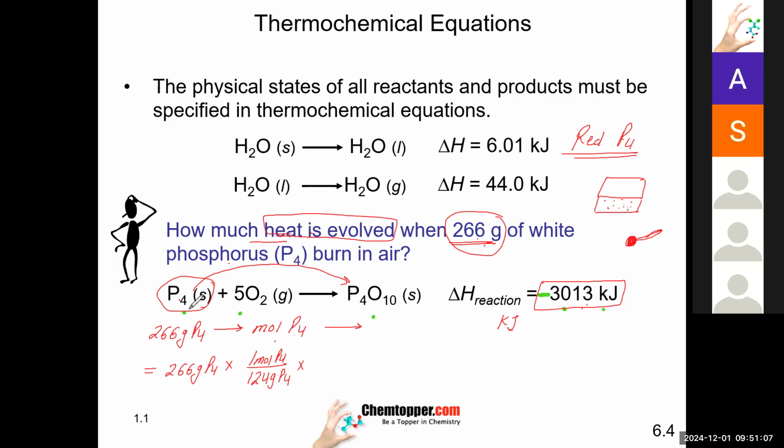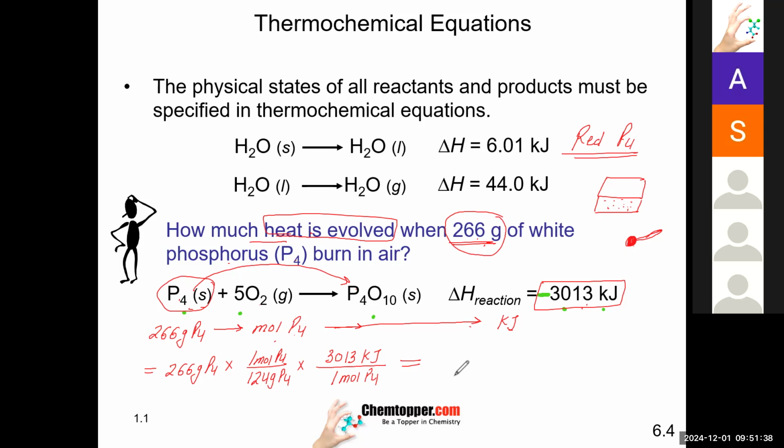I calculated the moles of P4 and I can go straight away to kilojoules because I know that 3013 kilojoules of energy is evolved for 1 mole of P4, right? And get the answer, children.